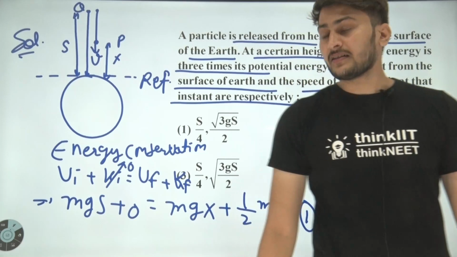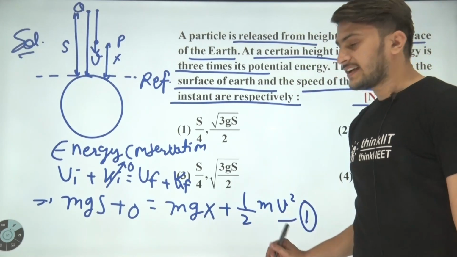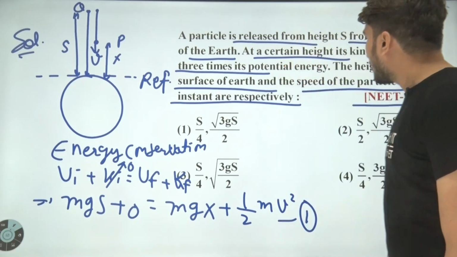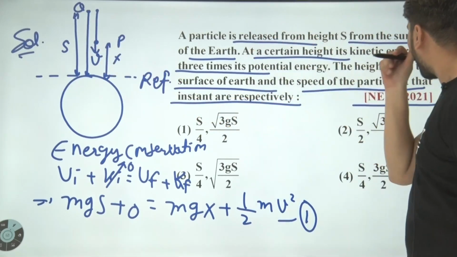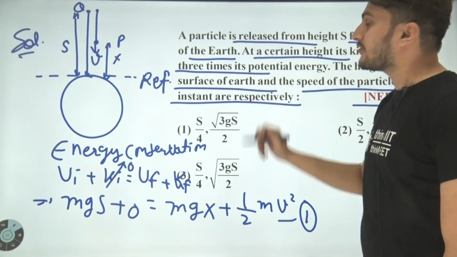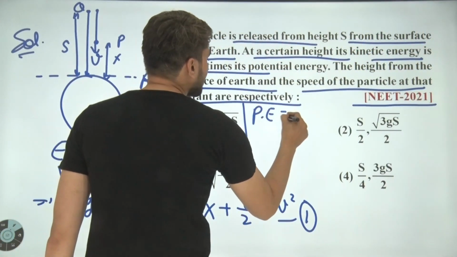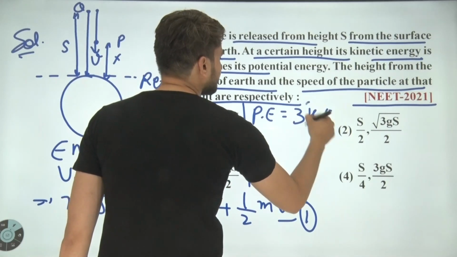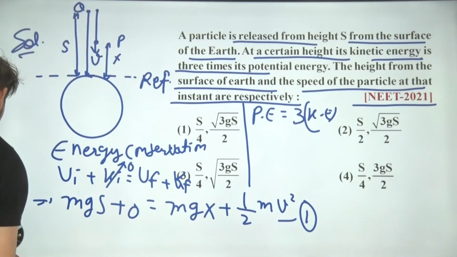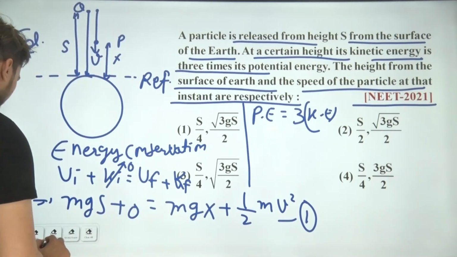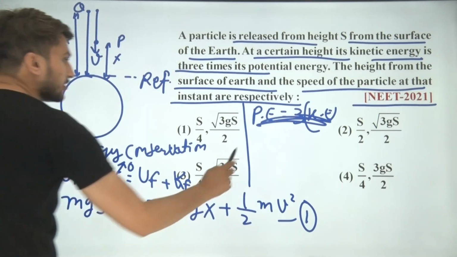Here two variables, x and v, need to be found. From the question, at point P the kinetic energy is 3 times the potential energy.